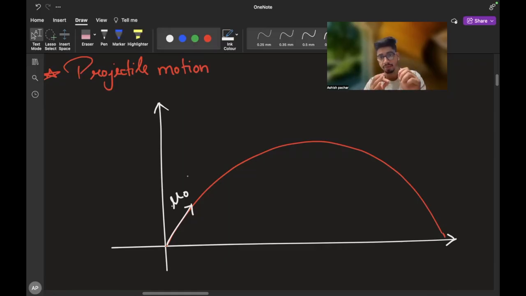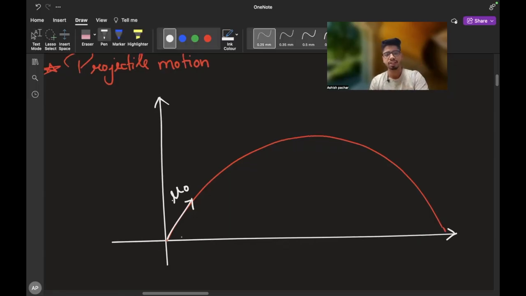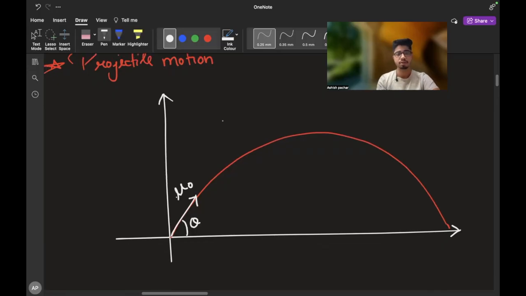So this is the initial velocity that is given, u naught. We are going to resolve that. Let's suppose the angle is theta. You must know how resolution of vectors works also. So this is the theta angle. If you resolve u naught, let me call this the x and this the y coordinate axis.